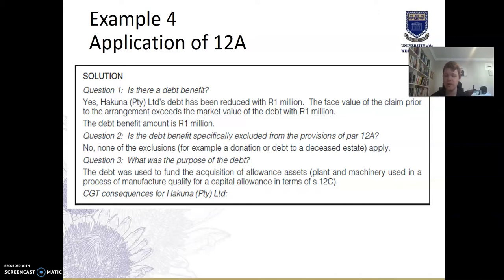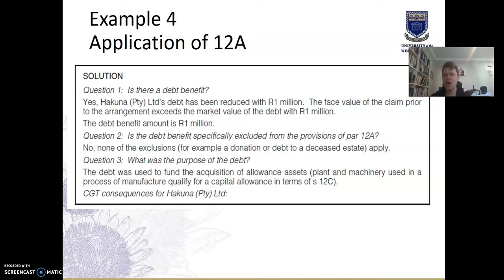So a donation that counts for donations tax will not attract 12A. Or anything that you're using to settle a divorce, for example, or any debts owed to a deceased estate, or the certain winding up of companies, 12A will not apply to.